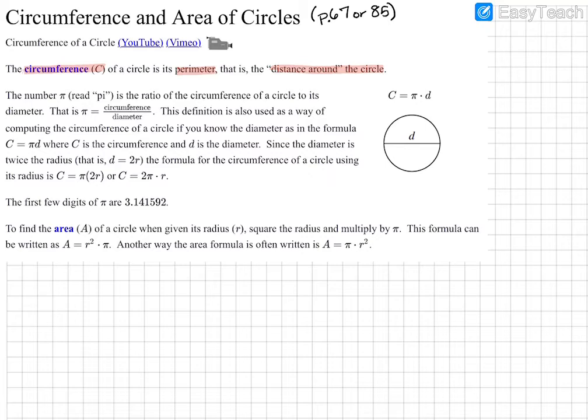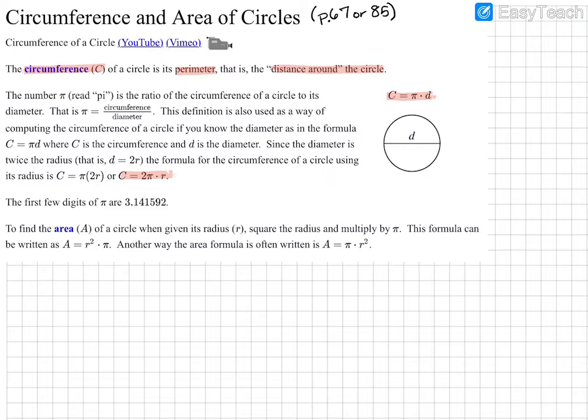To find circumference, we multiply pi times diameter. Sometimes you'll hear people say that circumference equals 2 times radius times pi, or 2 pi times radius. Those are the same thing because remember the diameter is just 2 times the radius. We'll do an example of this in just a minute.